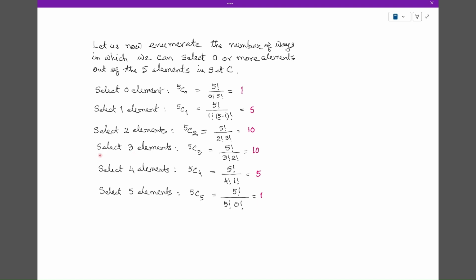And we have seen already 3 elements out of 5 gives us 10, 4 elements out of 5 gives us 5, and 5 elements out of 5 gives us only 1 way.